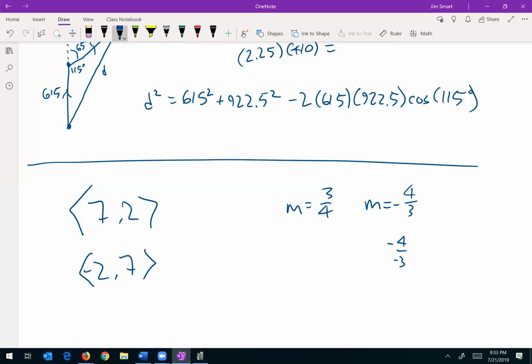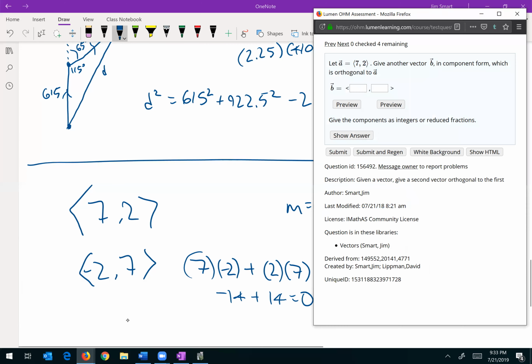What shows this to be true is that two vectors are orthogonal if their dot product is 0. So if I did 7 times -2 plus 2 times 7, I'd have -14 plus 14, which is 0.